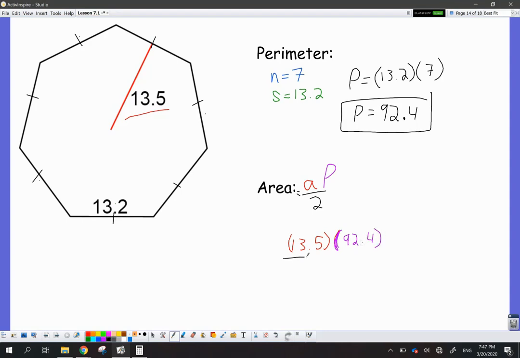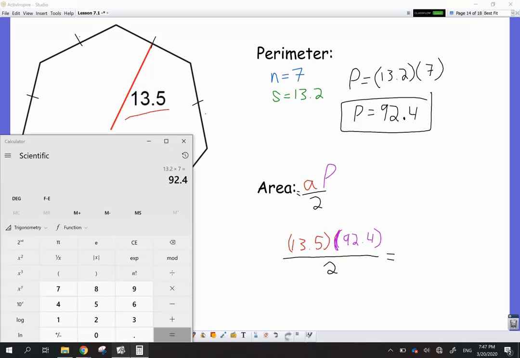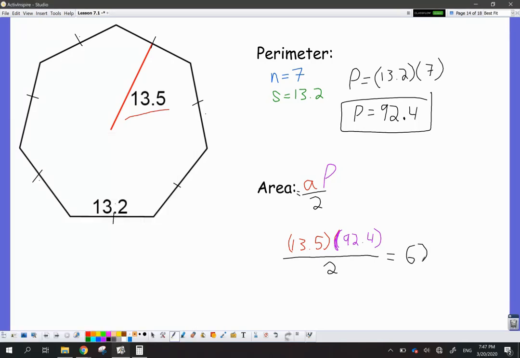Then all that divided by 2. So I go in my calculator, 13.5 times 92.4 and divided by 2, 623.7. And again, unitless, so 623.7 units squared.